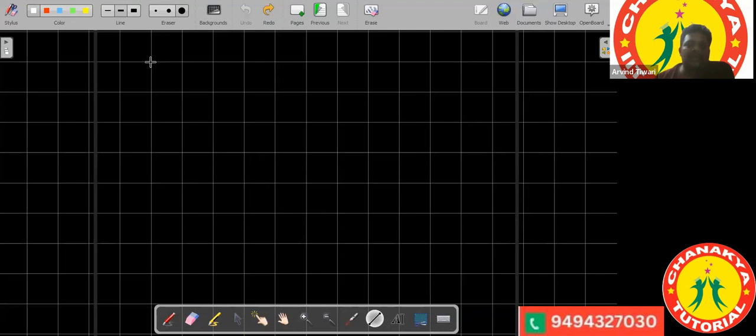I'm also making, and all of you are supposed to make the Punnett squares.